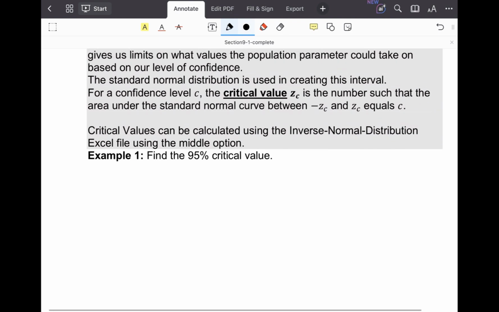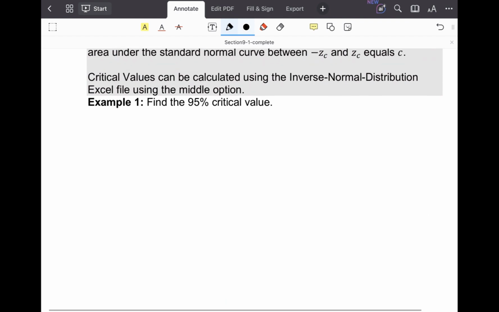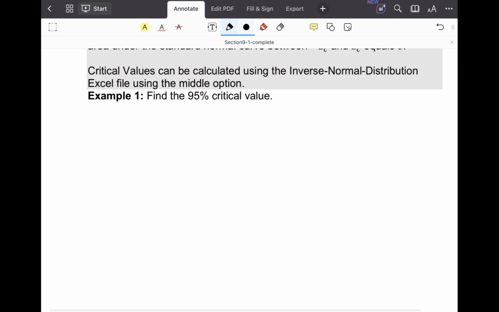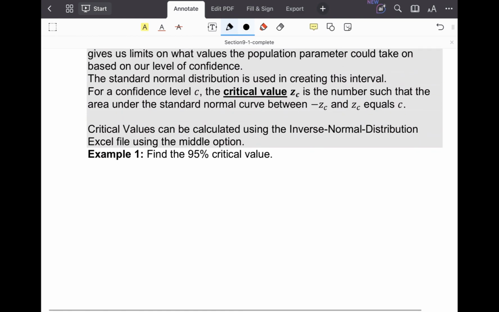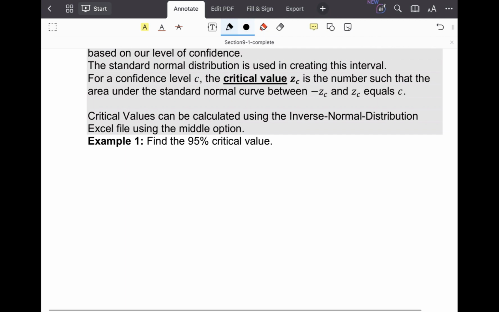So I put here critical values can be calculated using the inverse normal distribution, and in our confidence interval Excel file, we're actually going to have it embedded in that file as well. This one says find the 95% critical value. Looking back up to here, whenever you see this Z, that's the standard normal distribution. So we already know that our mean is going to be 0, our standard deviation is going to be 1.